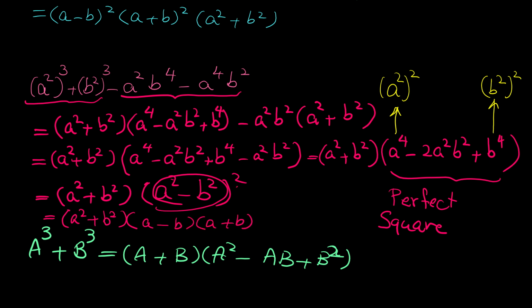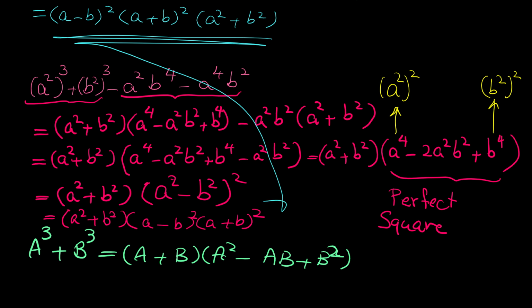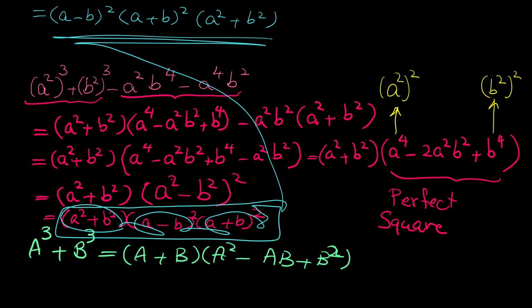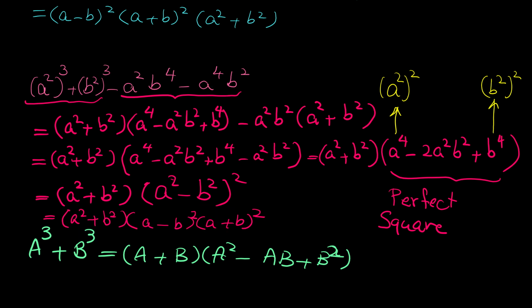But attention, we have a power 2 outside and we have to put this power on each of these brackets. So a power 2 for this, a power 2 for that. Now, if you compare this answer with the answer from the previous method, you can see that they are the same. The order of the brackets is changed, but the order in multiplication of brackets is not important at all.